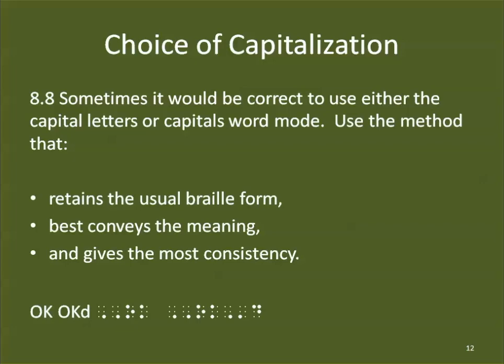Normally we use the word indicator for that, dots 6, OK, instead of capital O, capital K. And because that's how we do it when there is no D after it, and we say OK'd, we're not then going to switch practices and do capital O, capital K, because we didn't do that when it was just its own little word. So we are going to do our capital word indicator there, OK, and then we're going to terminate it for our D, even though that takes up more cells than capital O, capital K, D.